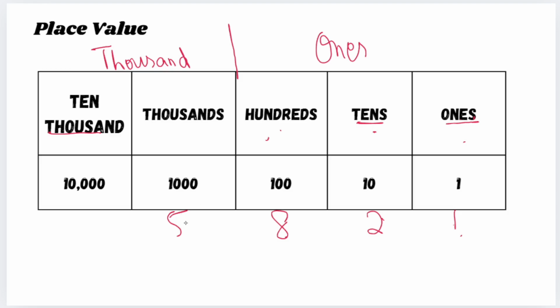Of course, 5,000, because 5 is a single number which is in the place of thousand. So 5,821. This is how you should write your number names.